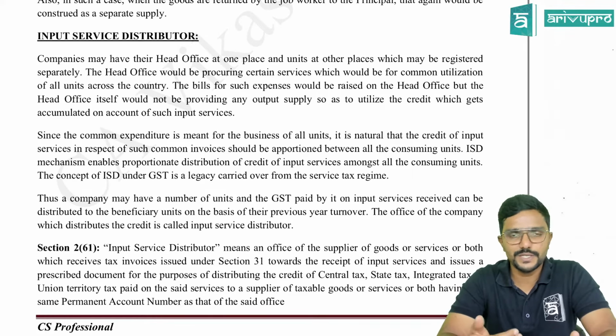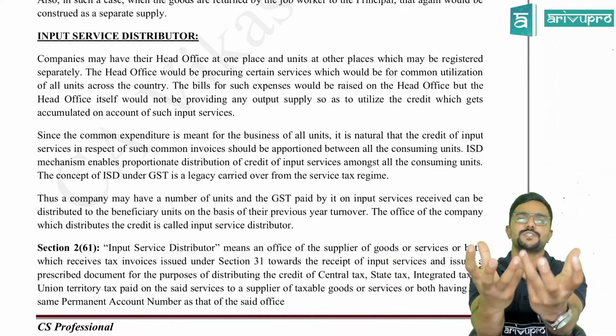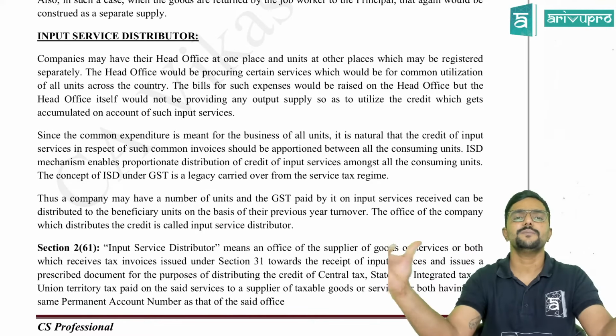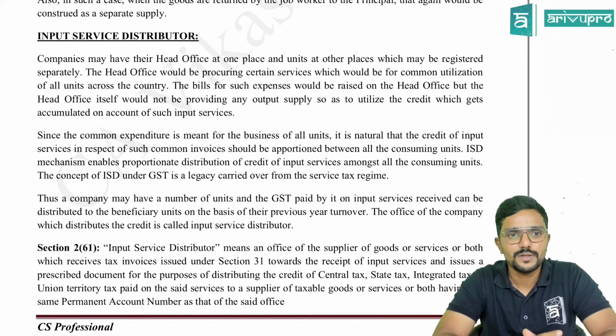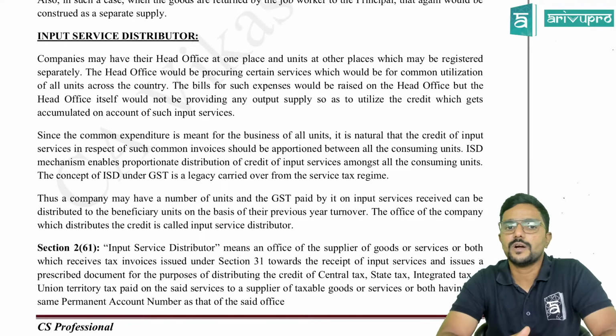The invoice is issued in the name of the head office, but the services will be used by all the branches, or not only one branch, but a few branches. The bill for such expenses would be raised on the head office, but the head office itself would not be providing any outward supply, so as to utilize the credit which gets accumulated on account of such input services.